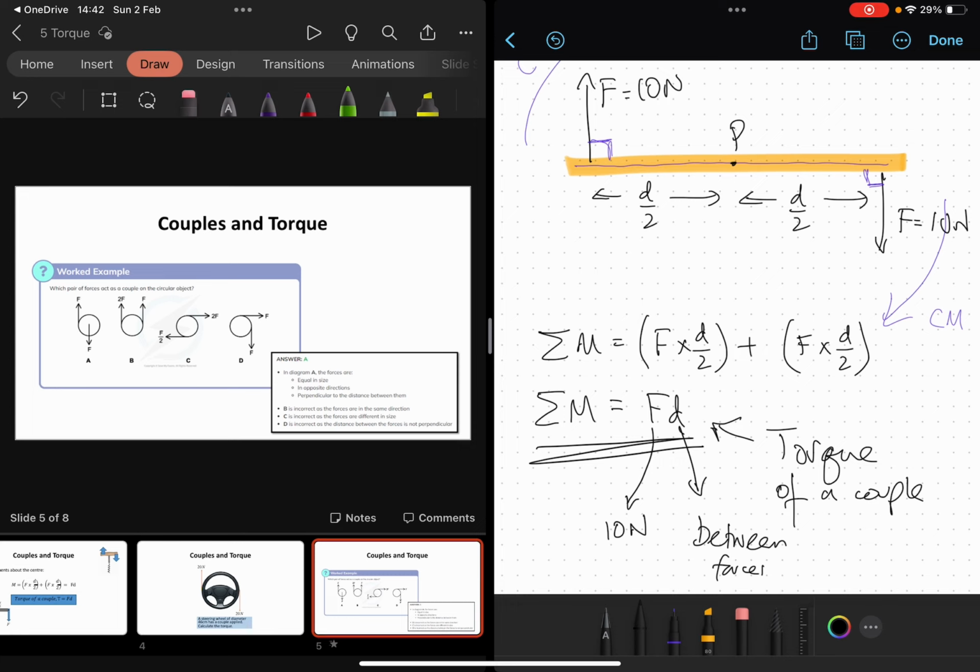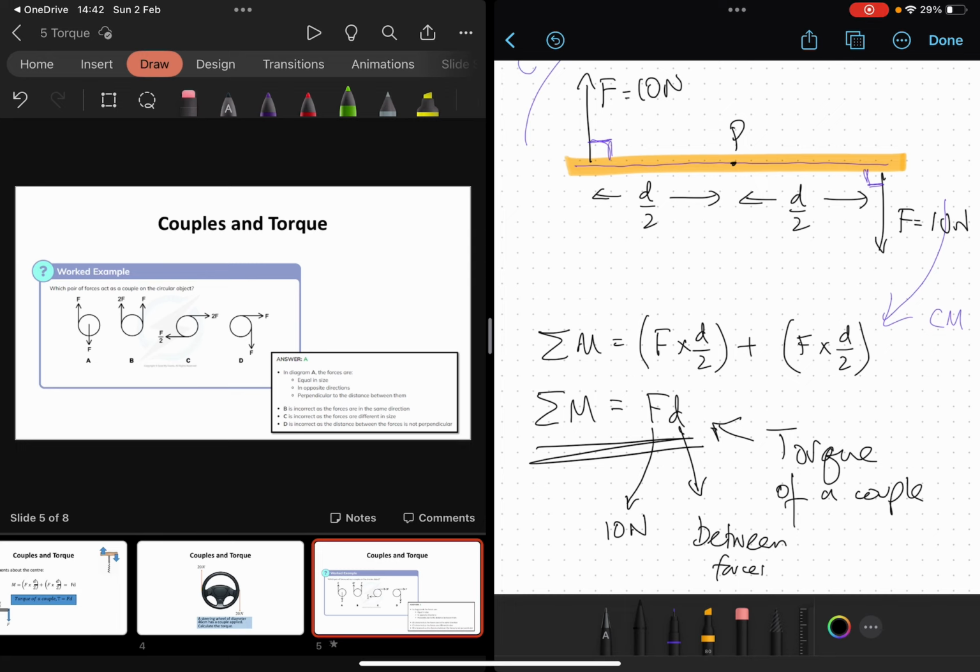They are not equal in magnitude, so already we can rule that out as being a couple. And similarly for C, they're not equal in magnitude. When we look at option D, the distance between those forces is not perpendicular. In other words, they're acting in different directions, but they're not acting in opposite directions. So we're left with A.